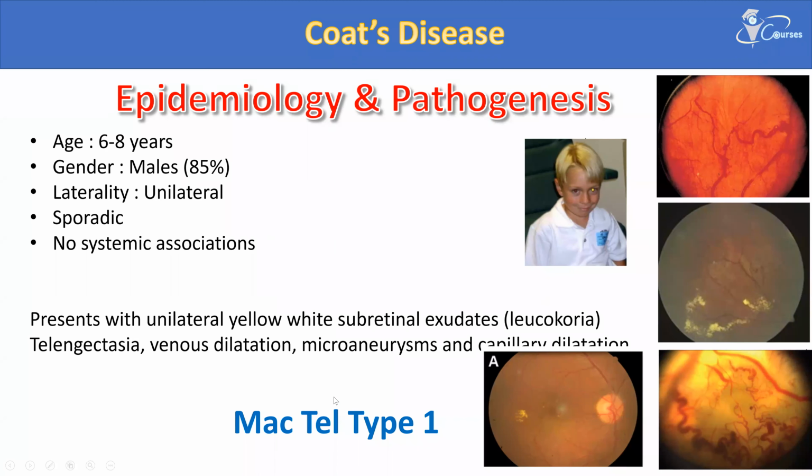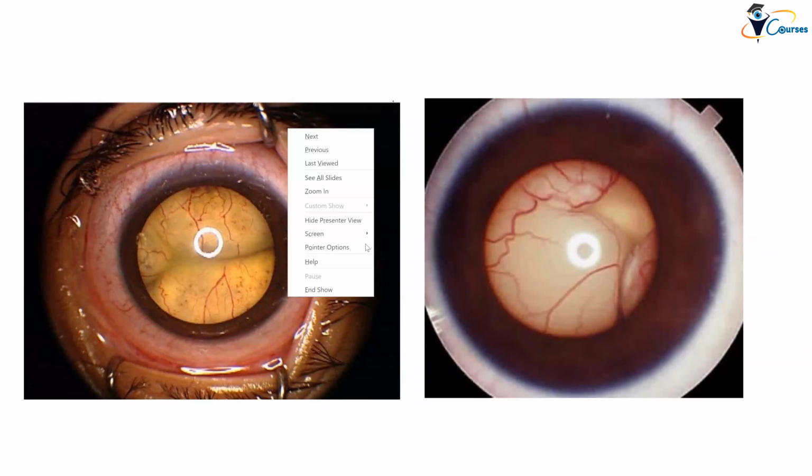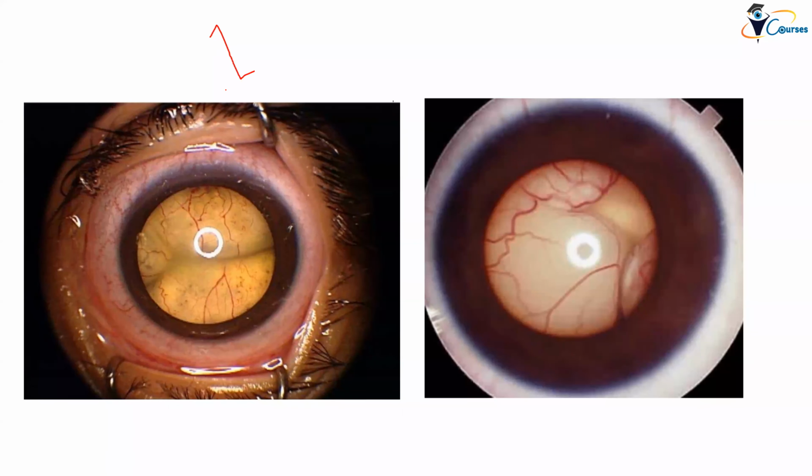So let me show you a quiz. You see here, there are two images, this image and this one. One of them is Coats disease and the other is retinoblastoma. Let me just mark this as image number 1 and number 2. So what do you think? Number 1 what?